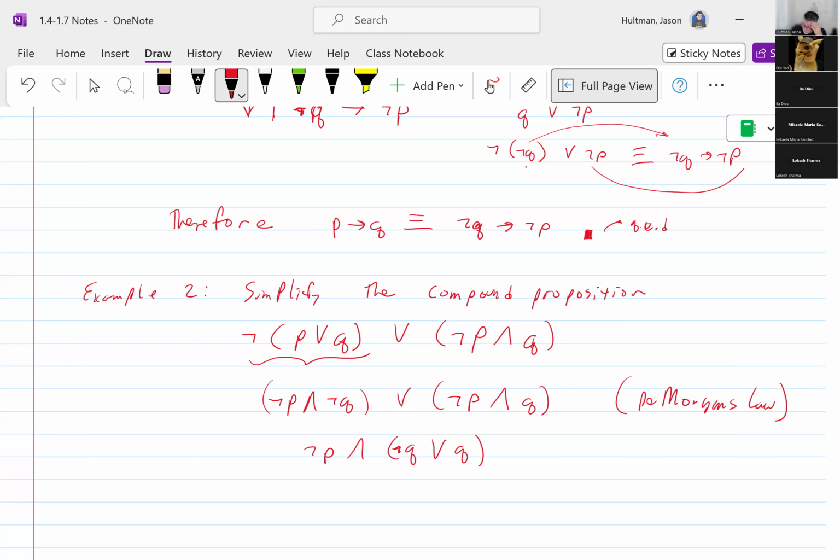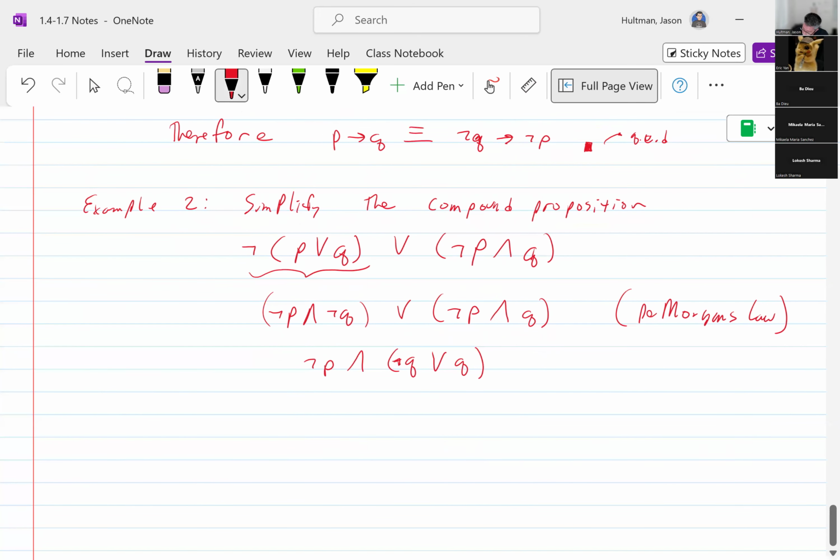True. It's always true, right? This thing not Q or Q is always true. And this step was due to the distributive law.